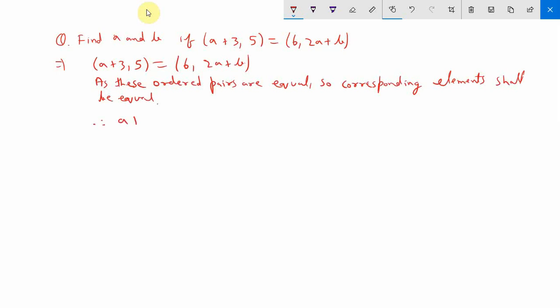Therefore, a plus 3 equals 6 and 5 equals 2a plus b.